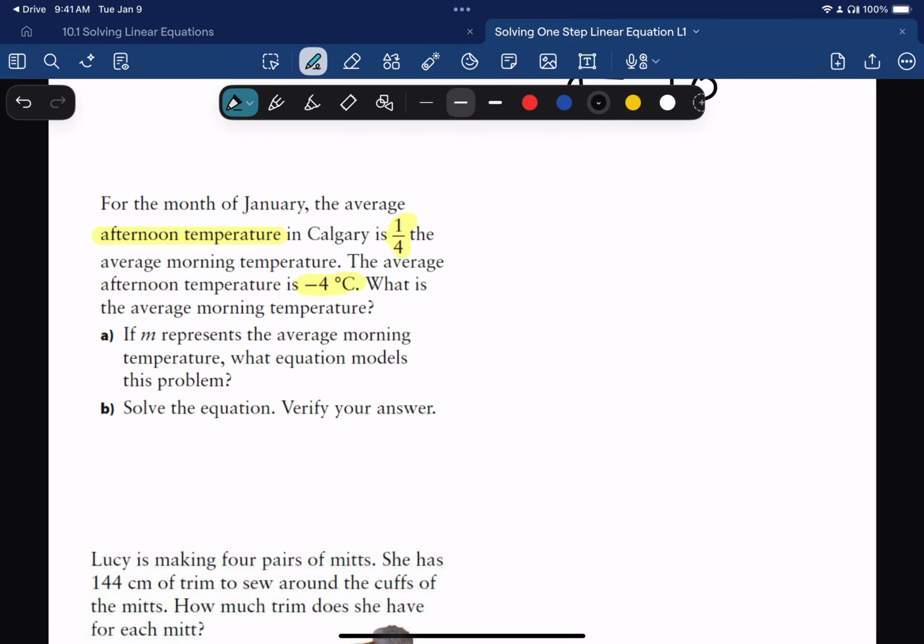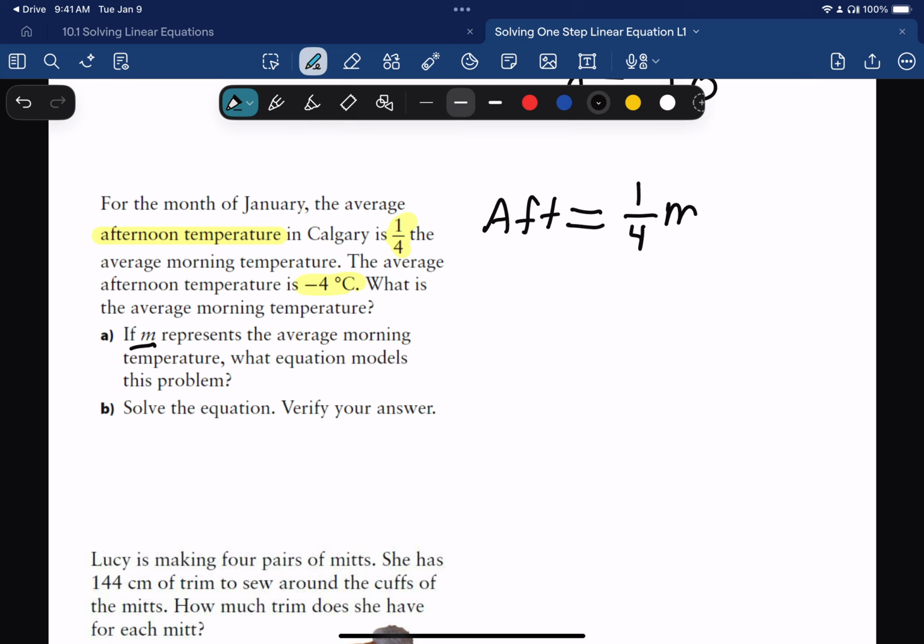Okay, so what do we know? I always like to start these off by writing down what we know. Well, we know the average afternoon temperature in Calgary is 1/4 of the morning temperature. The morning temperature is represented as M, okay? So afternoon is 1/4 of the morning temperature. If we want to find a quarter of something, we can multiply it.